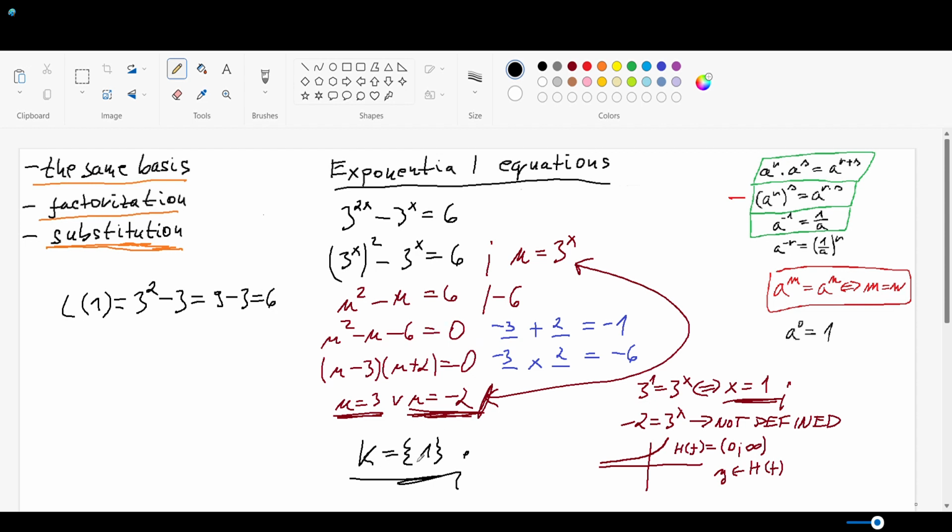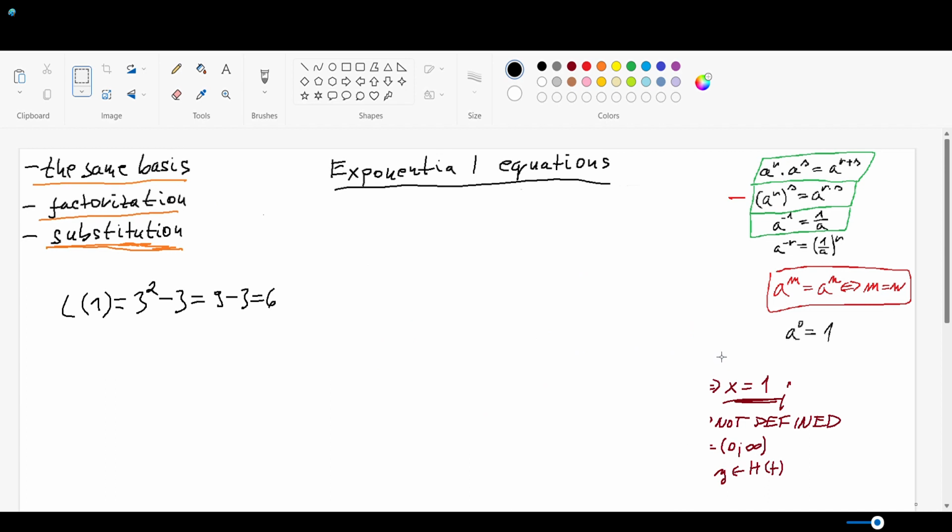So our solution x equals 1 is fine, and basically the only one solution of our equation. Okay, let me show you one more example like this, and we will come to some conclusion which is gonna be a little bit different, and I'll explain why.